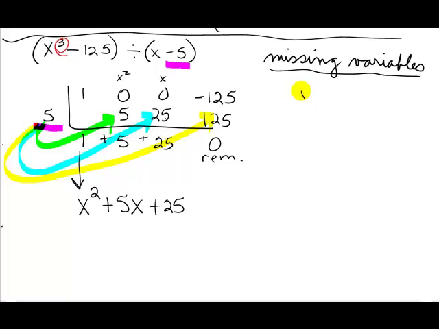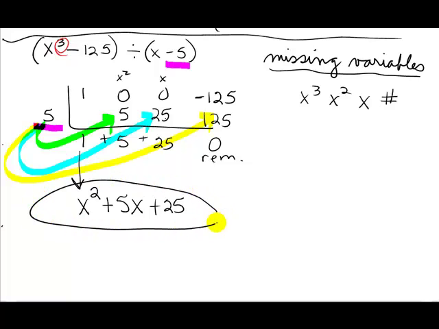So keep in mind it's x cubed, x squared, x, and a number, and we've got to have all that. If this starts with x cubed, then my answer has to start with x squared. If it starts with x squared, I've got to have the x and then the number. So just keep that in mind when you're writing these.